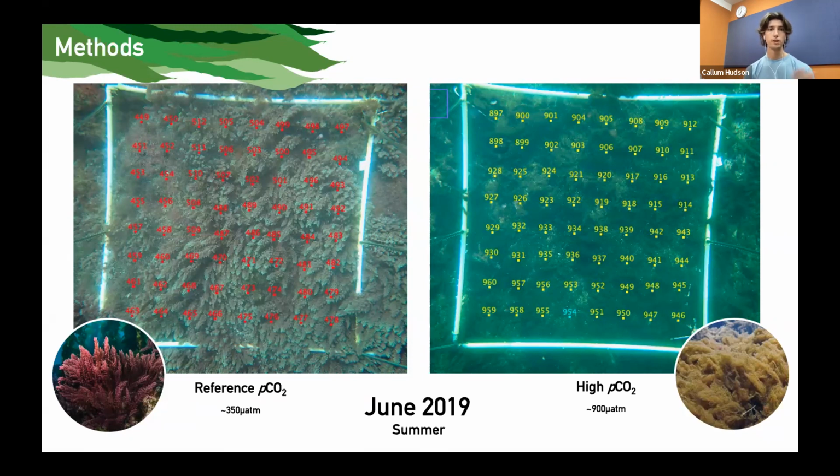For example, a community comprised of high biomass of macrophytes, such as the photo on the left here, had a relatively high structural complexity, whereas the community on the right, which is dominated by a large mat of low-lying turfs, was relatively less complex.